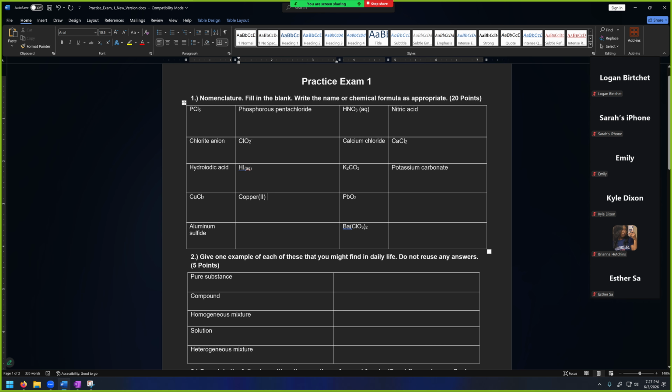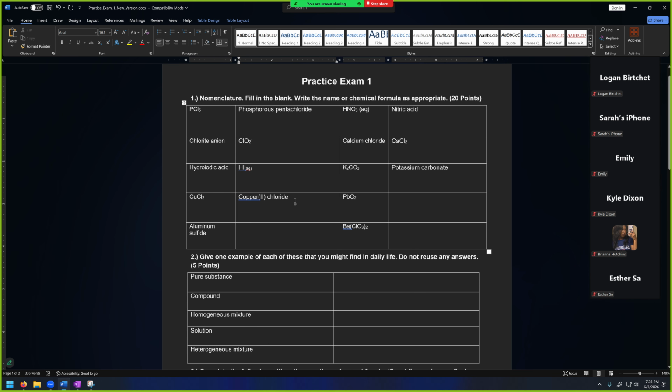You're supposed to include a space in between the parentheses and then your anion, and then chloride is the same everywhere. You just take the INE of chlorine and replace it with IDE. We don't have to specify how many chlorides there are here because we already implied it with the Roman numeral 2 on copper.